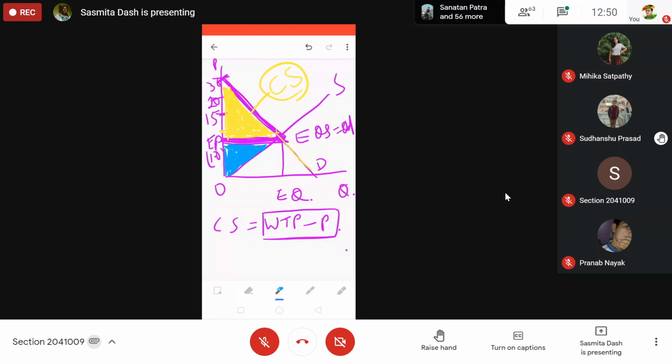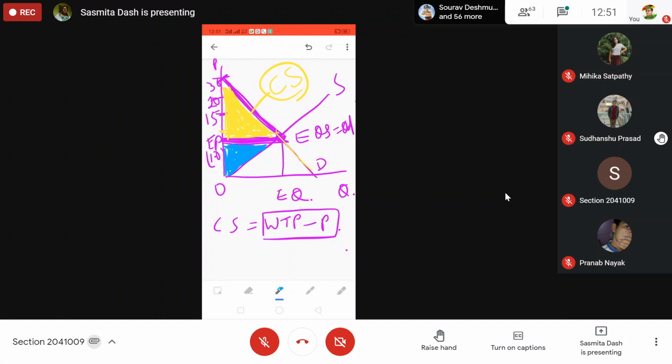When the curve is starting from zero, it means the production cost is zero for some people. But for those whose production cost is higher, they are getting a price of 10 rupees each. If the price line is 10 rupees, each is receiving 10 rupees by selling one unit.